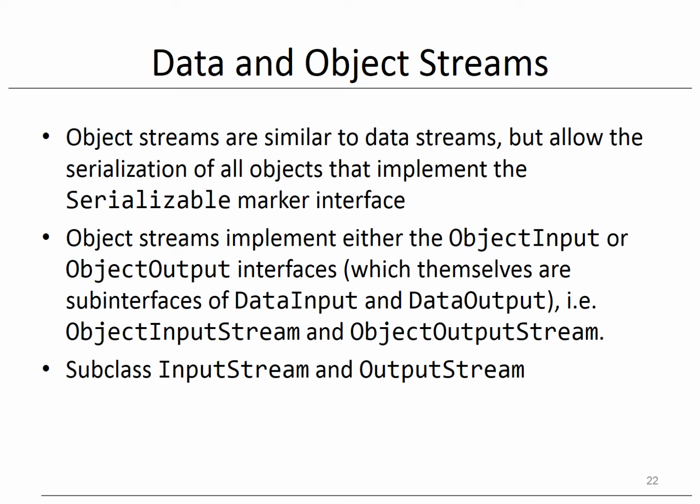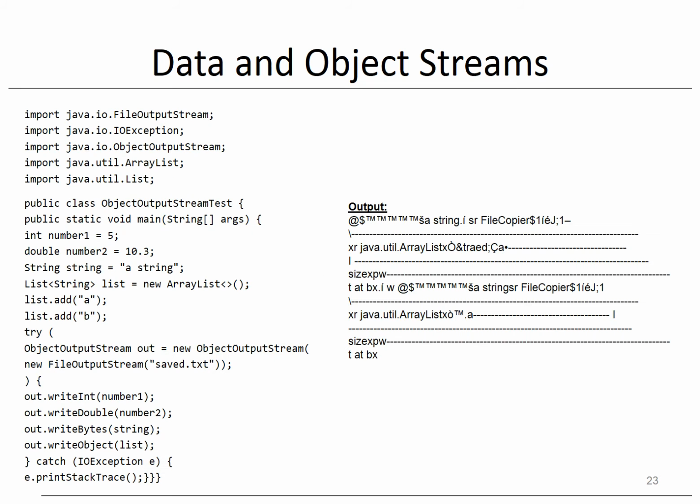Let's work out an example. In this example, we create a small class to illustrate the workings of an ObjectOutputStream. Note that an ObjectOutputStream can both write primitive data types as well as serialize objects.